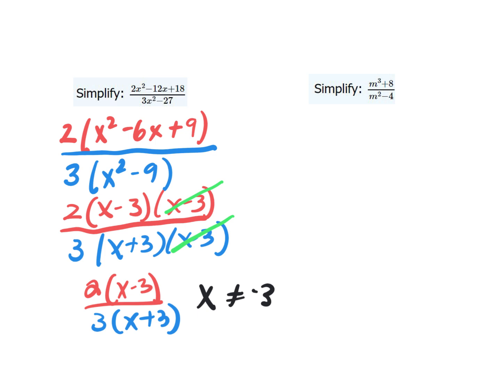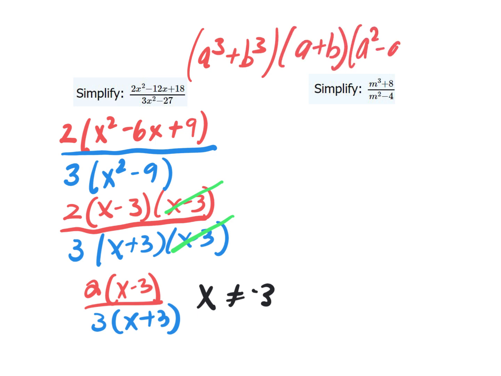If I look at the second problem on this page, I'm going to be reminded that when I factor a cube, if it's a sum of a perfect cube, I take a plus b times a squared minus a times b plus b squared.